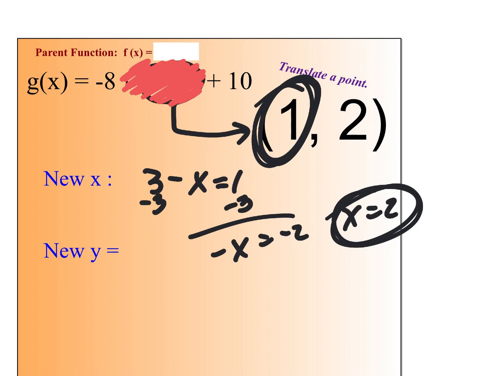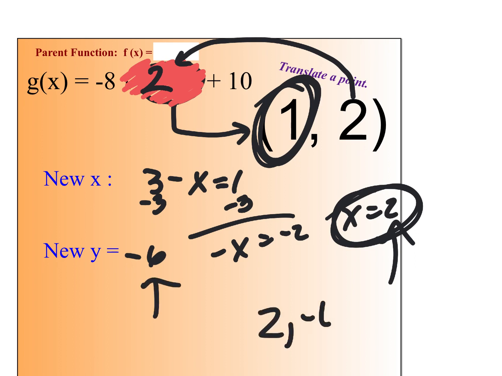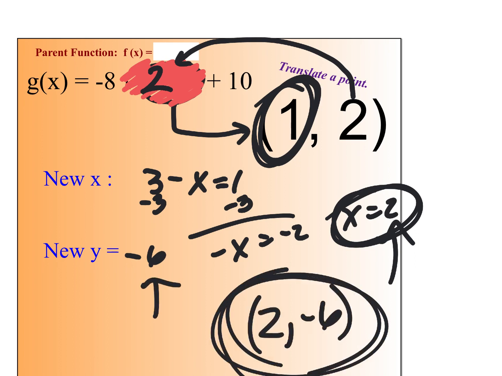The thing I just scribbled out? The 2. So then what do I get? -16. -16 plus 10? -6. So my point is 2 and -6, 2 comma -6. Raise your hand if you had that one right. Good job.